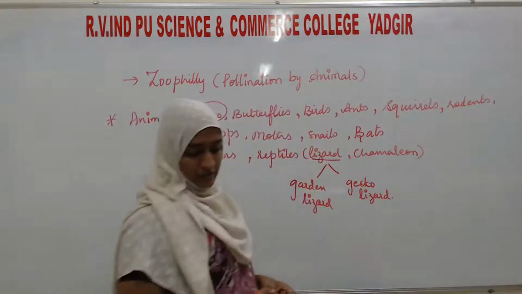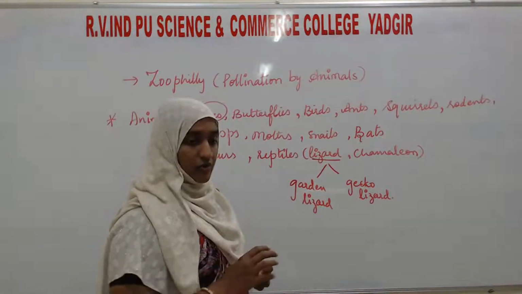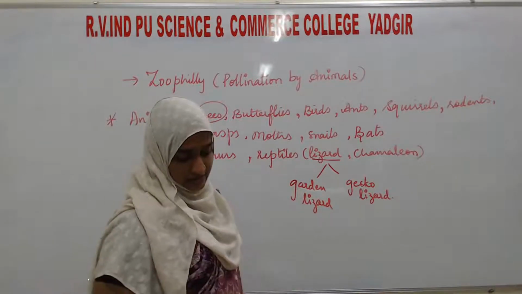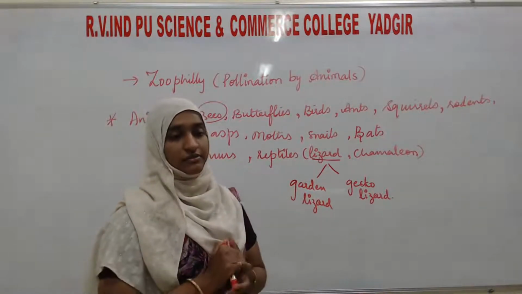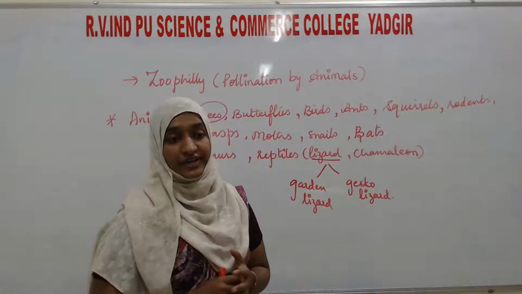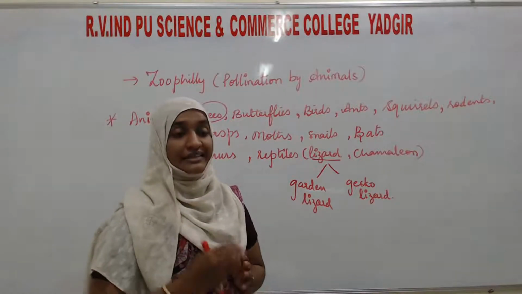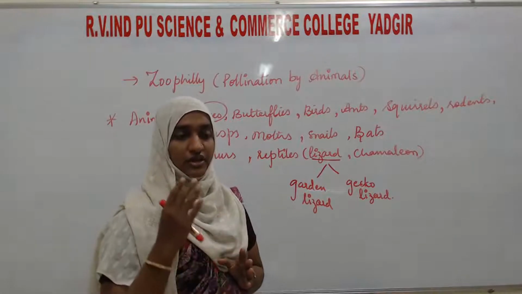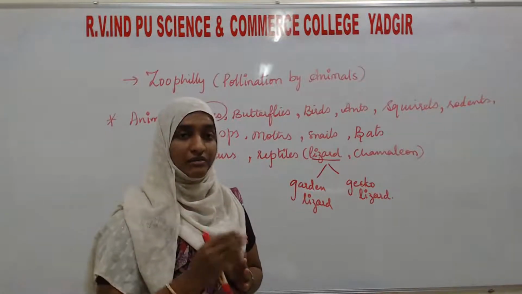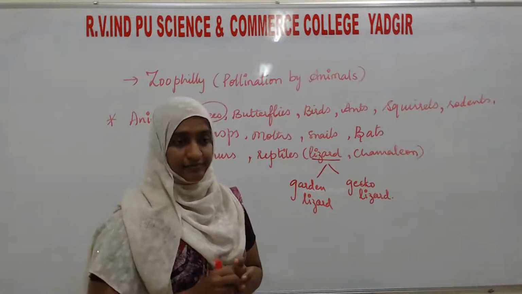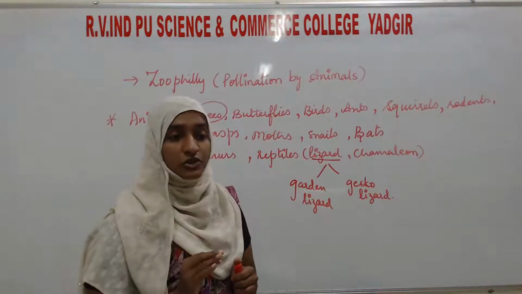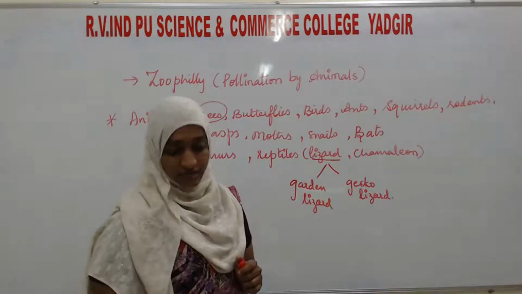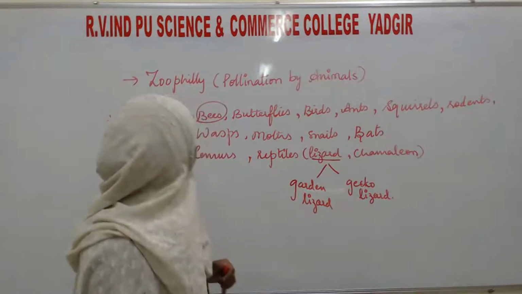All are reported as pollinators. Majority of the flowering plants are pollinated by insects. So what adaptation should be there in a flower for pollination by bees or insects?